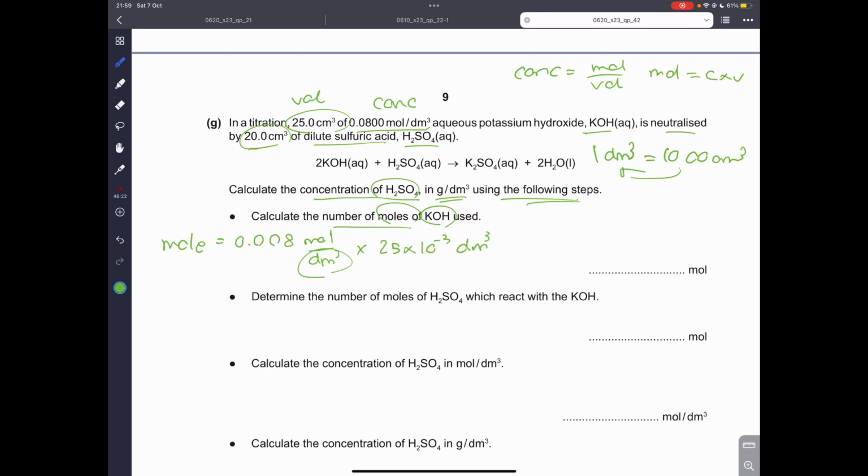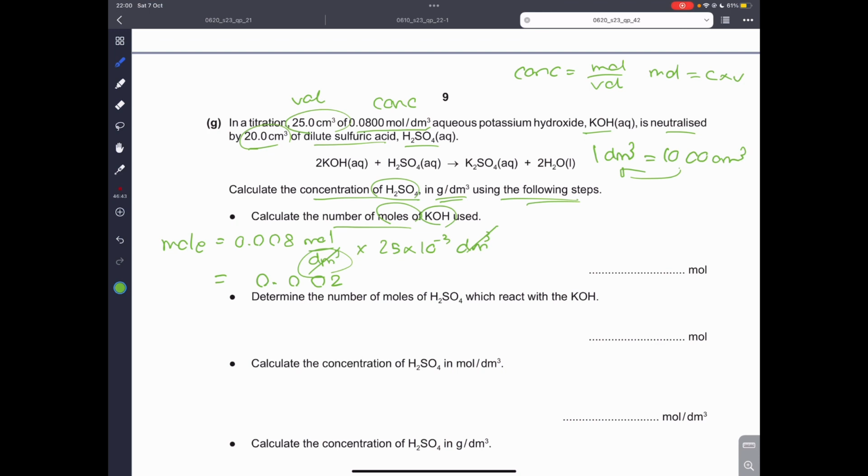So we can then cancel the dm cube out, and we are going to get an answer of approximately 0.002 moles, right?